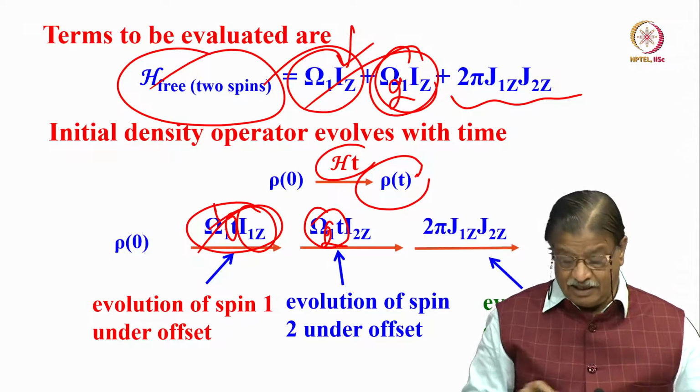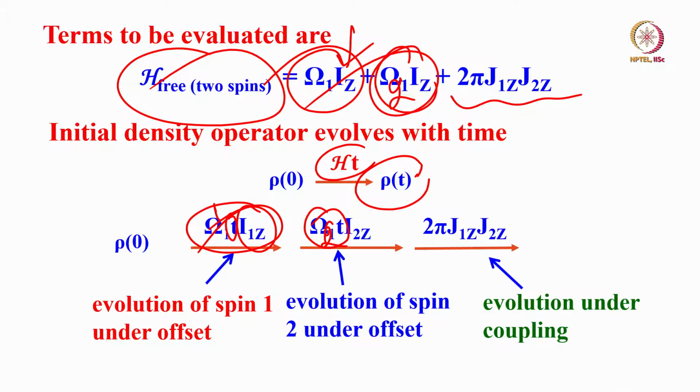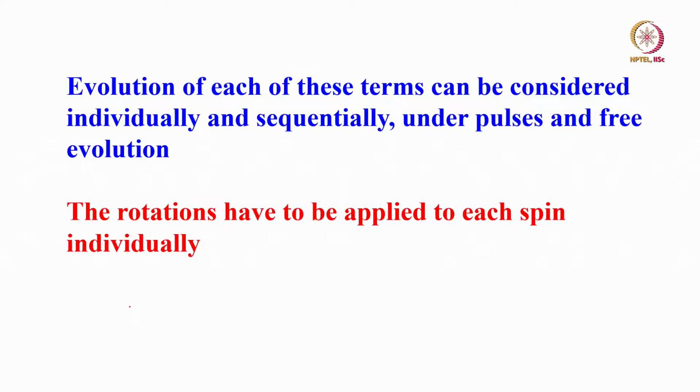The offset need not be the same for both, omega 1 and omega 2 could be different. And the third term is the evolution of J coupling, I1z I2z. So this is the evolution of the coupling term, this is the evolution of offset under spin 2, evolution of offset under spin 1.